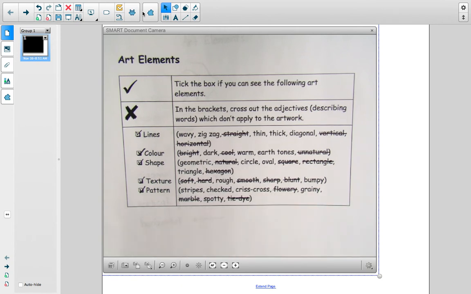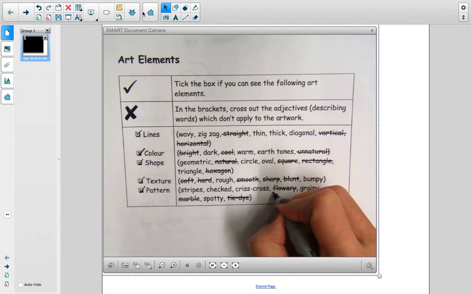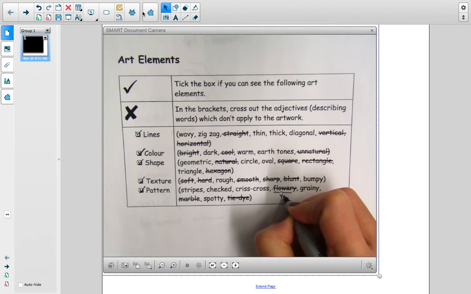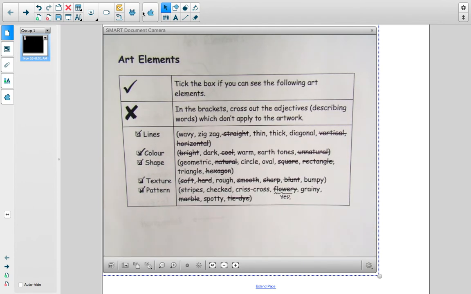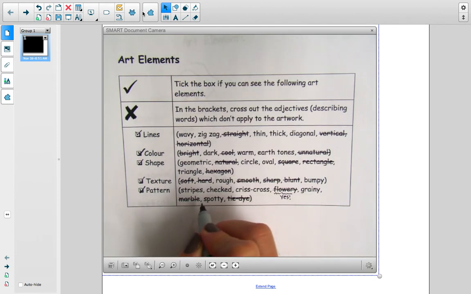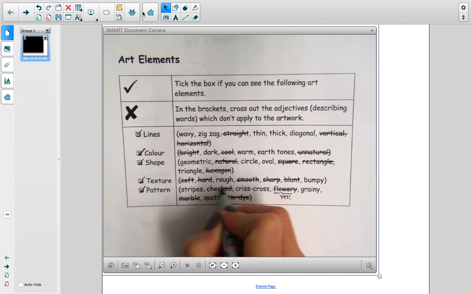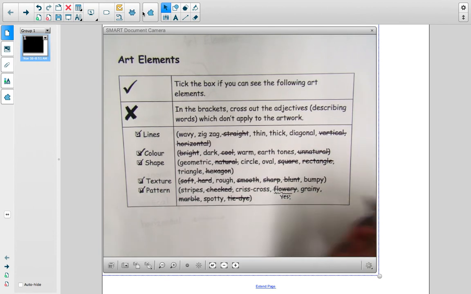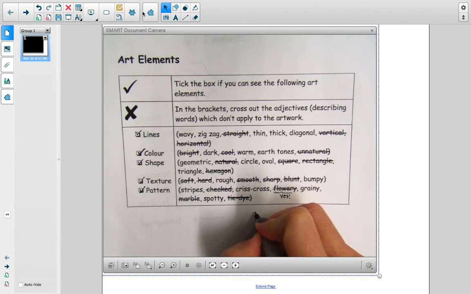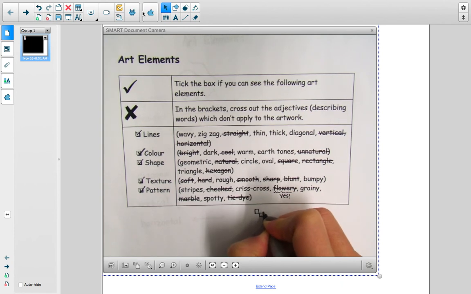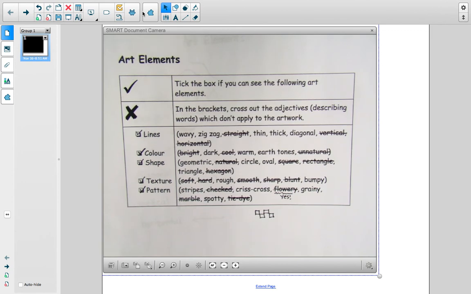Whoops. So I might go like this. Yes, if I make a mistake like that and I've used pen. I think there are in the pattern probably some stripes and some crisscrosses, maybe not checked. So, checkers like this. I would say it's not checked.